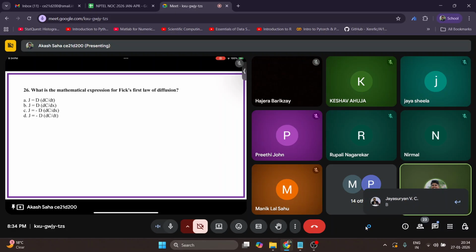Another question. What is the mathematical expression for Fick's first law of diffusion? So it is just a formula that you have to know.